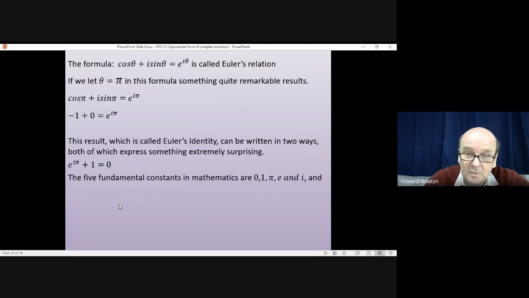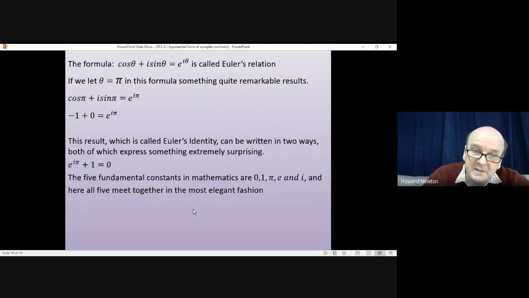We have 0, we have 1, we have pi, we have e, and we have i. And they're combined together in the most elegant fashion. And I think even more surprising than that, if we choose to rearrange it so that we have e to the i pi equals minus 1.